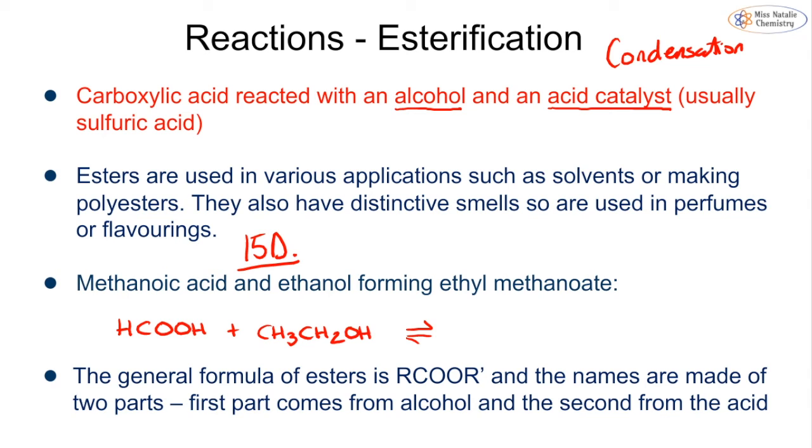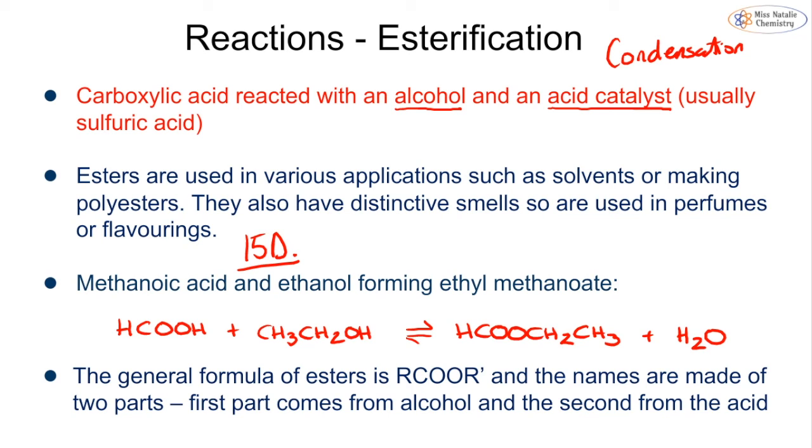And what actually happens here is we lose the OH group from the carboxylic acid, and we lose the hydrogen from the hydroxyl of the alcohol, and the two things join together. So we end up with HCOOCH2CH3 plus water.